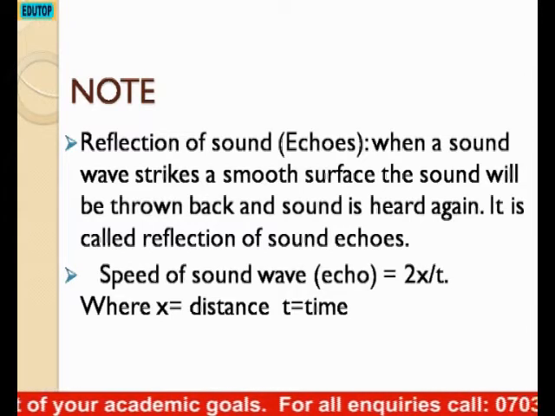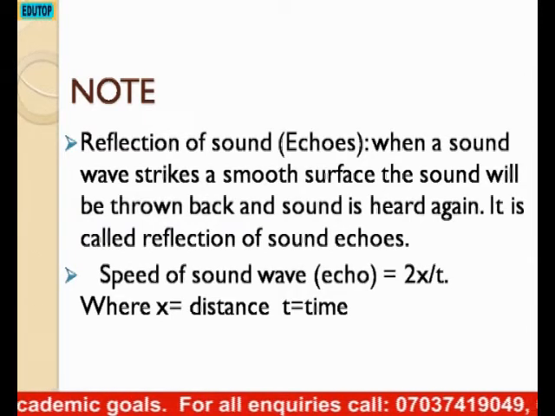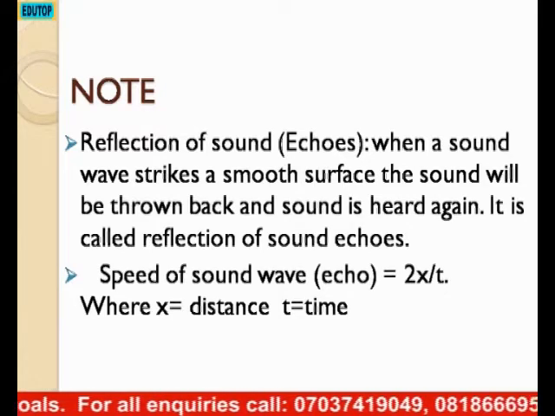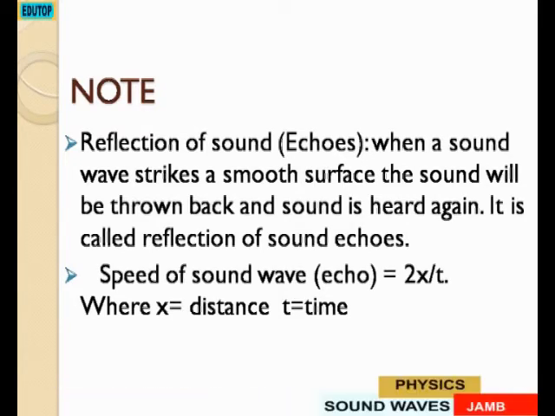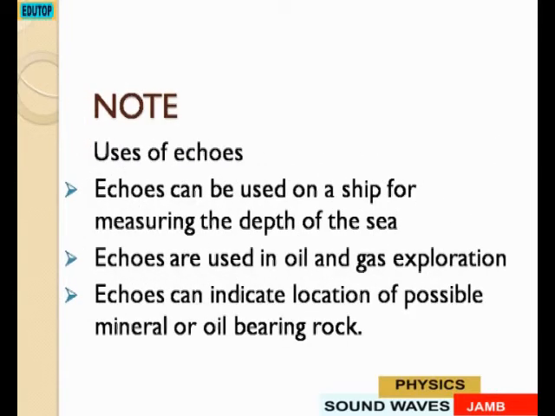Okay, so let's consider the speed of sound wave, referring to echo, which has this formula: 2x over t, where x is the distance and t is the time. That's the formula to calculate the speed of sound wave, that is the echo, which is equal to 2x over t. What are the uses of echo?